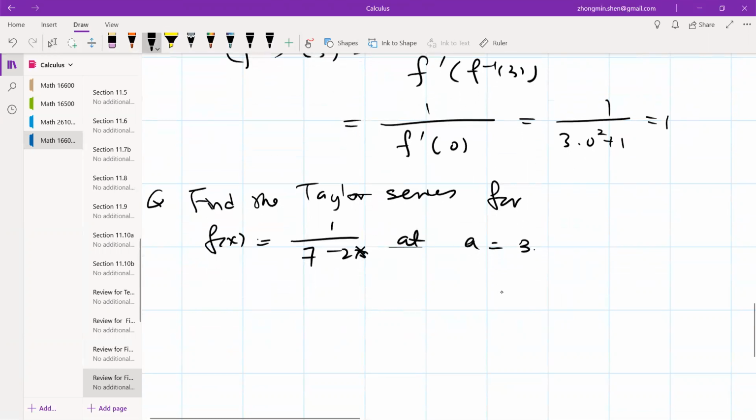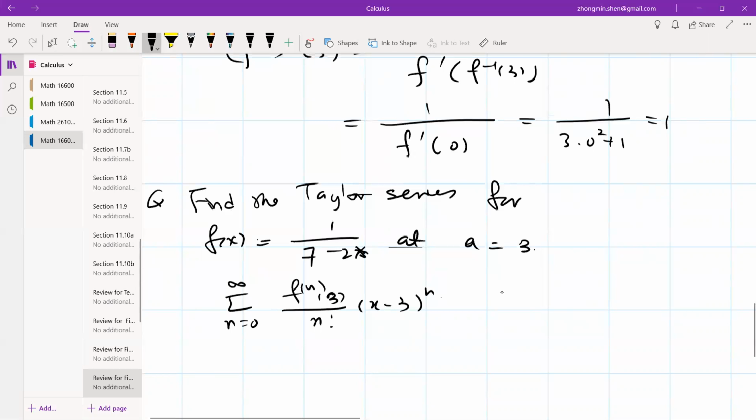Now, the Taylor series by definition is going to be this one. But very few people can find the general formula for the derivative.